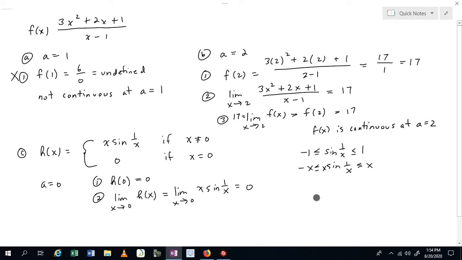Then using the squeeze theorem, we showed that as x is heading towards 0, obviously this is heading towards 0, and so is this. And so the squeeze theorem says, if that happens, then this function must head towards 0 as well. So we know the limit of this function as x approaches 0 is 0. This limit exists, and of course they're equal, and so the third condition is satisfied as well.